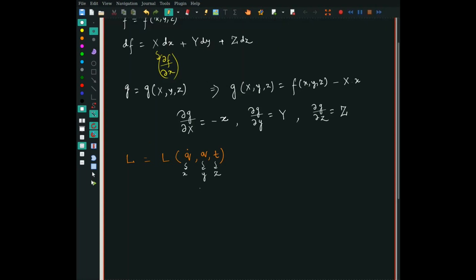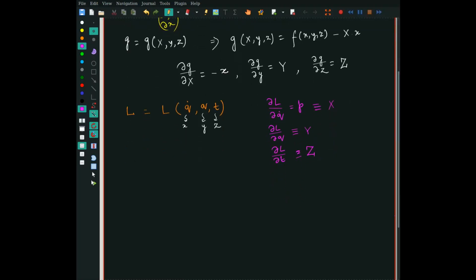Then del L del q dot, which is basically your p, will play the role of capital X. Then del L del q will play the role of capital Y. And del L del t will play the role of capital Z.